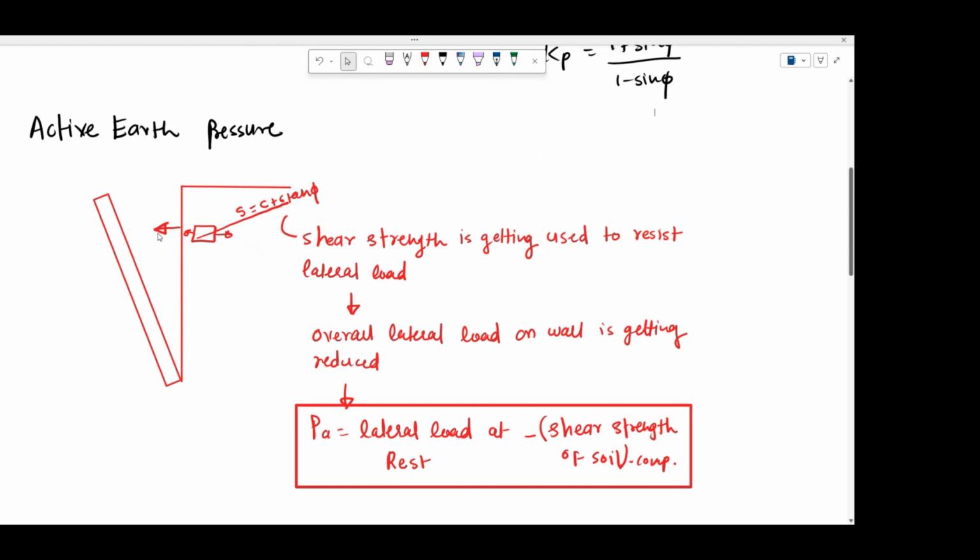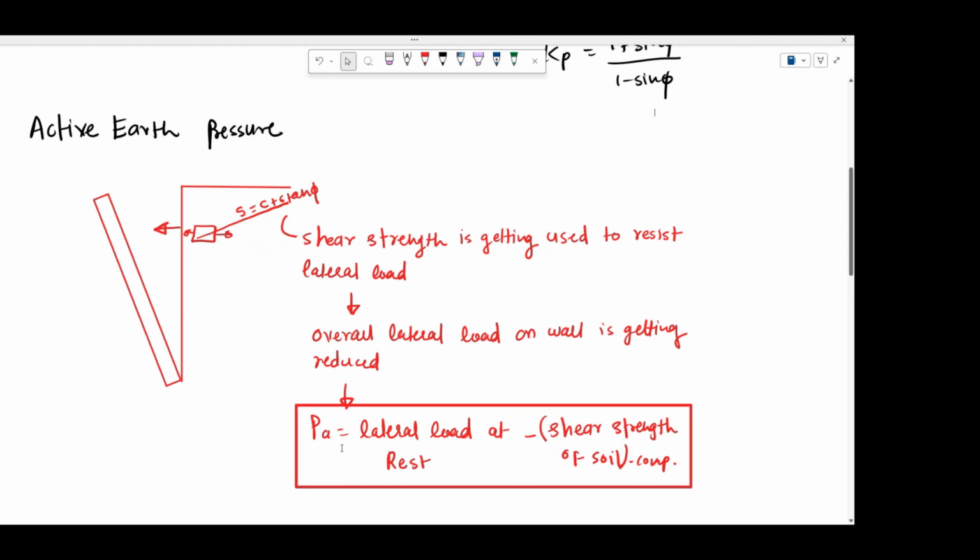Because of that, the soil will use its own shear strength to resist some of the lateral load. So this shear strength is getting mobilized and the overall lateral load on the wall is getting reduced. And this is what we call active earth pressure.